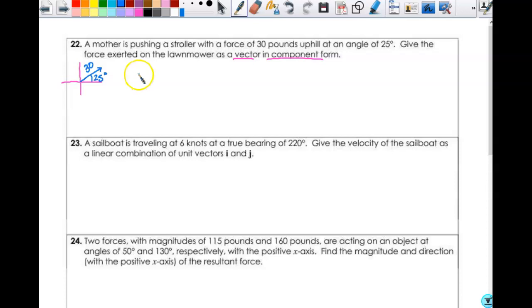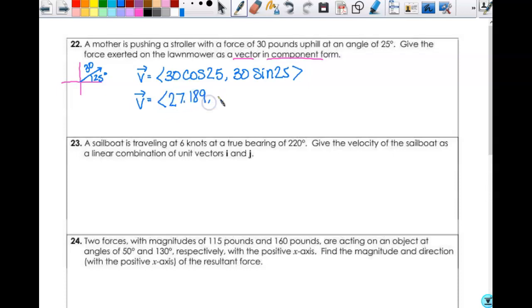So that means my vector is 30 times the cosine of 25, 30 times the sine of 25. So once I put that in the calculator, I get 27.189, 12.679.